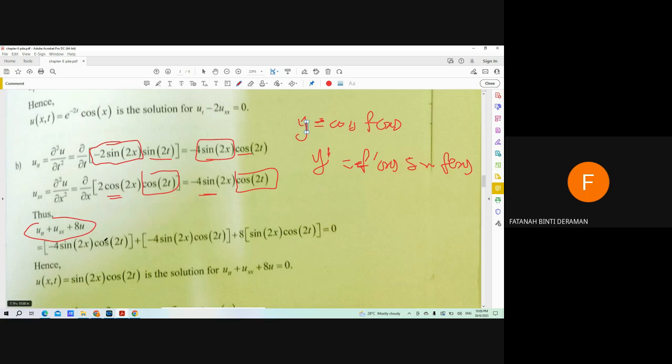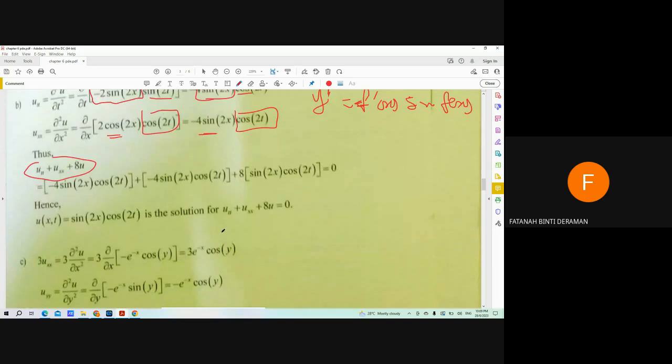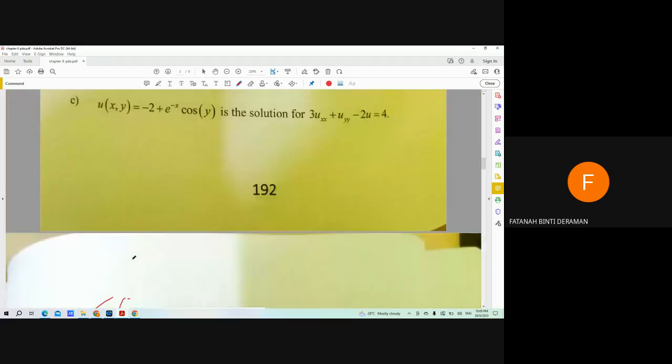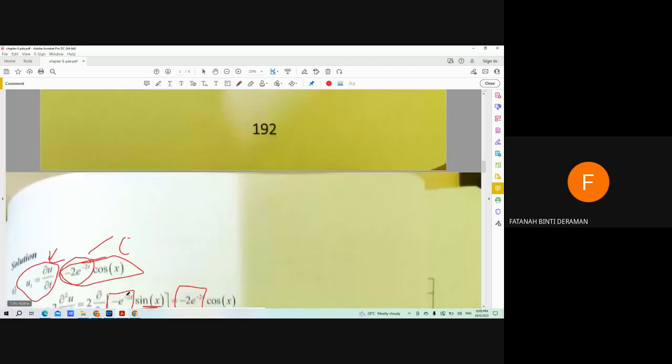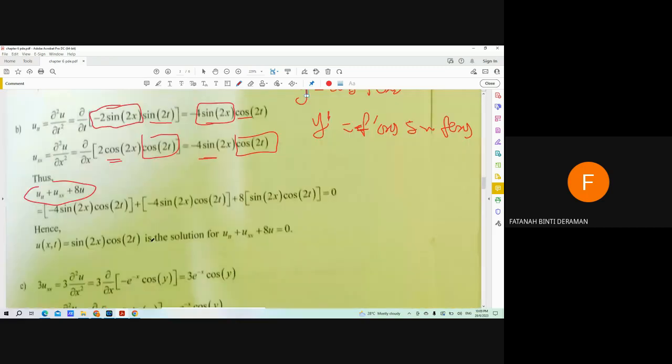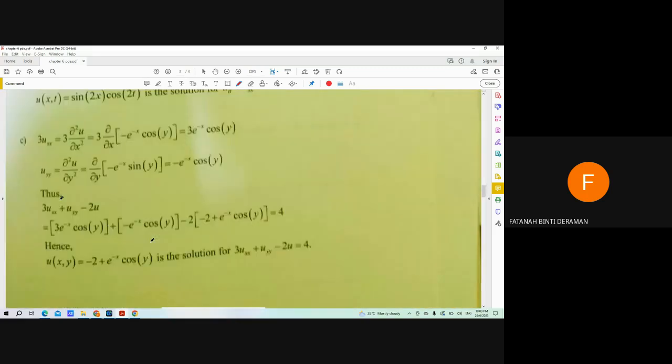Once we calculate, there is the same thing here. 8 of this term, plus 8 minus 8, so you will get 0. So we can conclude that there is a solution for this. The same thing happens for the third one, where we need to find u_x, u_y, and so on.